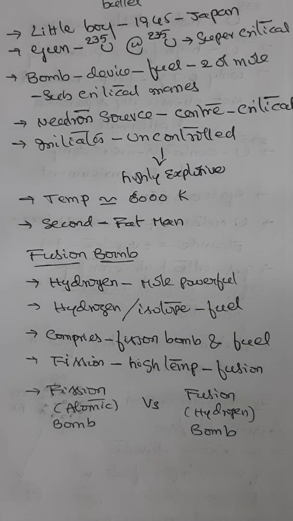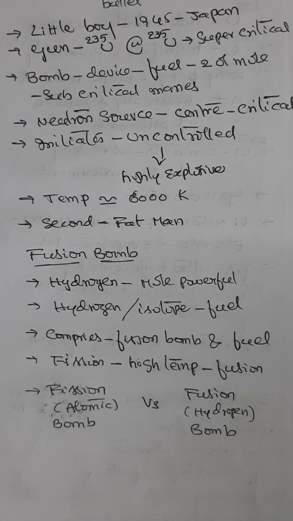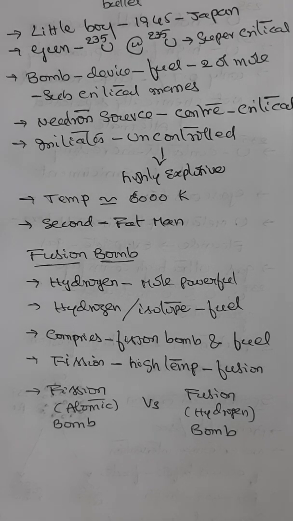The atomic bomb is a very simple, single stage approach, whereas fusion involves 2 stages of explosion: fission that leads to fusion. And of course, an atomic bomb is very easy to design and make, whereas a hydrogen bomb design is very difficult to build. This is how you can see the difference between fusion and fission reactions.